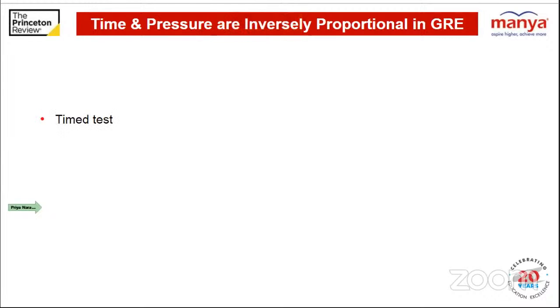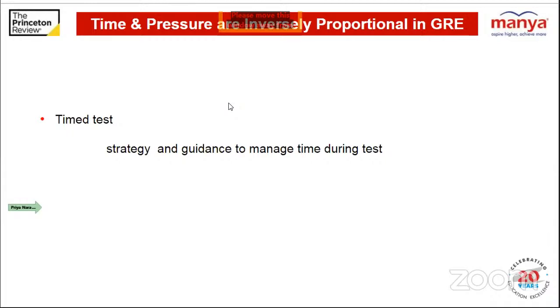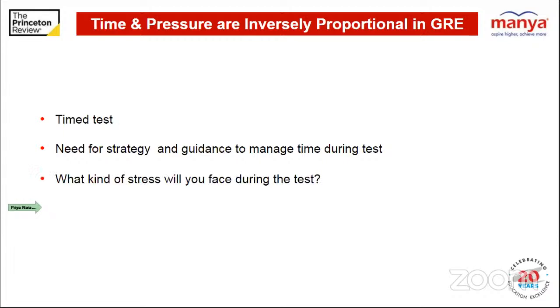Remember, GRE is a timed test, so these are some of the pressures that we are going to look at. So it's a timed test, okay? And so you need a proper strategy and guidance to manage your test. Like I told you, you're going to face a lot of pressure while preparing, as well as on the day of the test.